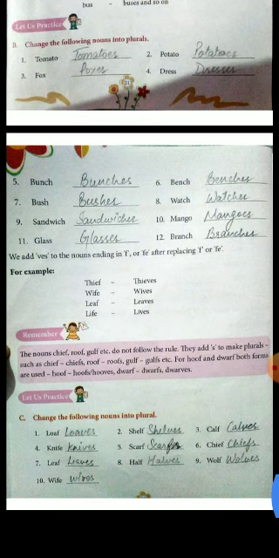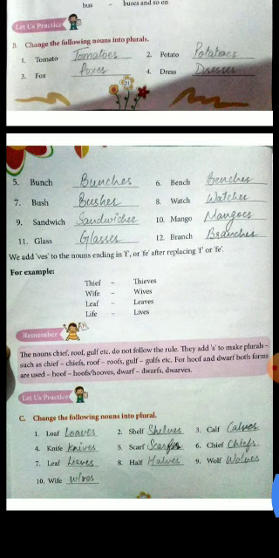Next is the words ending with Y. The nouns ending in F that follow this rule are not all the same. Some nouns, such as chief, roof and gulf, do not follow the rule. They add S to make plural, such as chiefs, roofs. So I have just told you that the words ending with F or FE, we replace it and then we add VES.